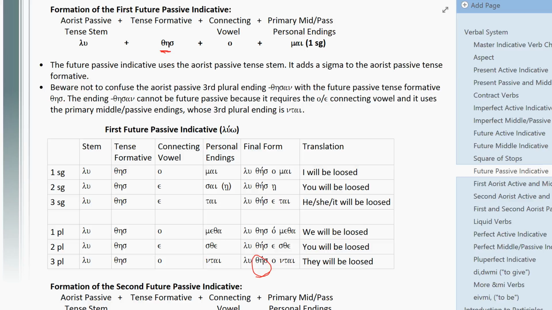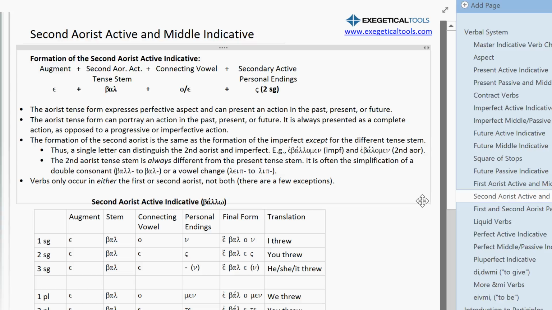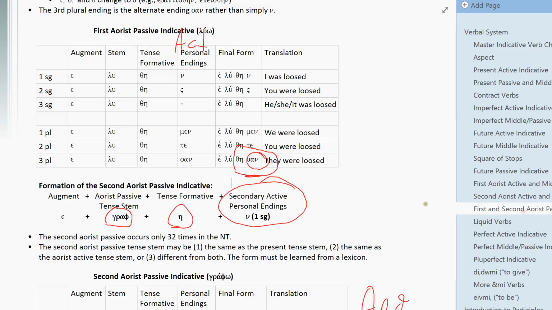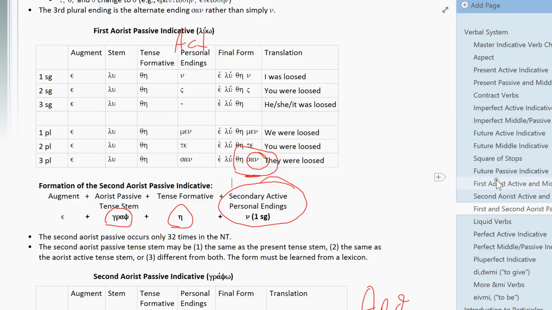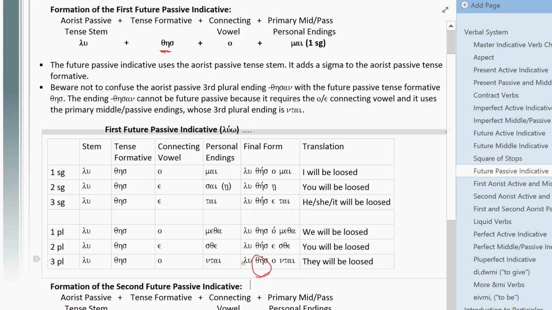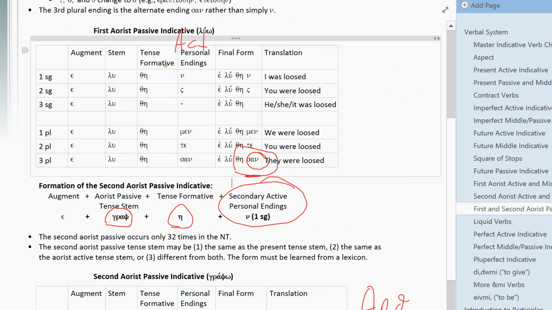So you have a lutheson with the second aorist active, like the second aorist passive, like this. You see that thes in there, and you could maybe confuse that with the thes of the future passive tense formative. But you can remember, see how this is omicron epsilon throughout. You can remember how not to get confused, because here you have son, you have the alpha nu, rather than something like omicron epsilon connecting vowel.